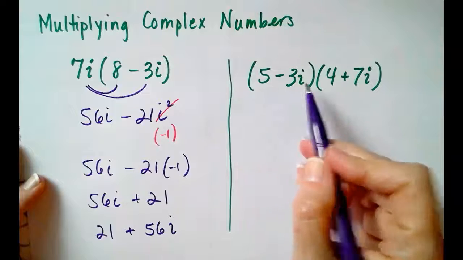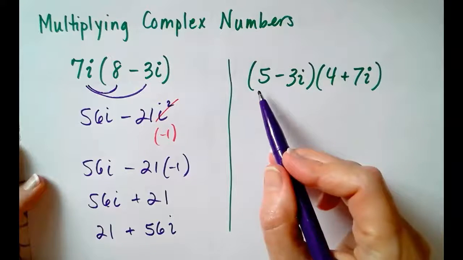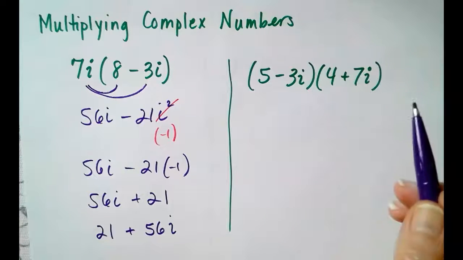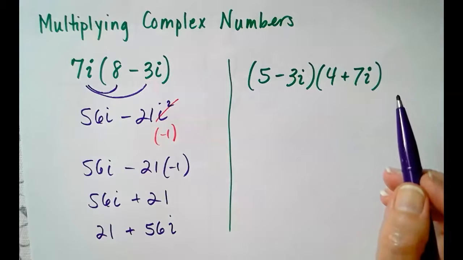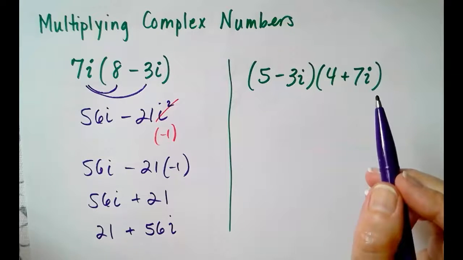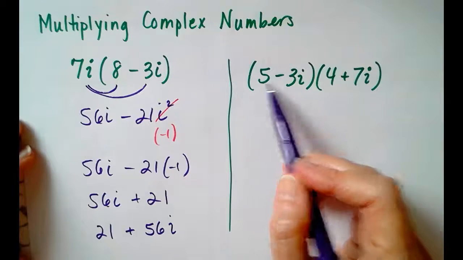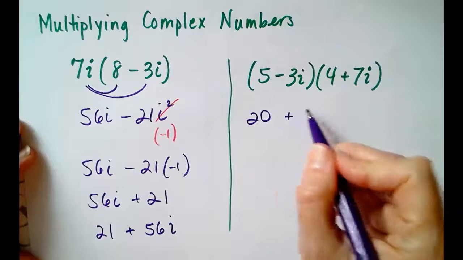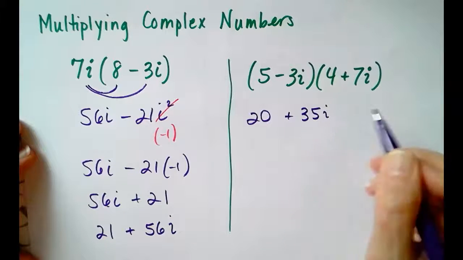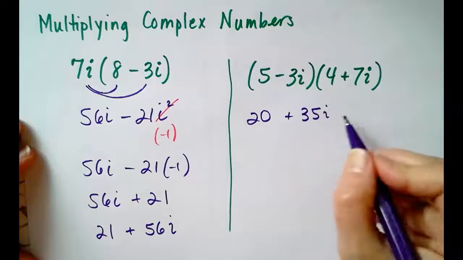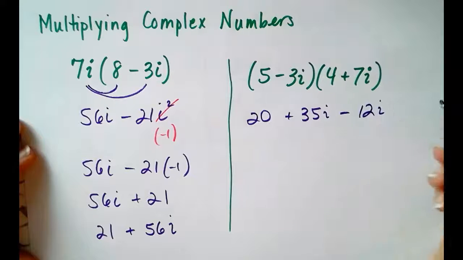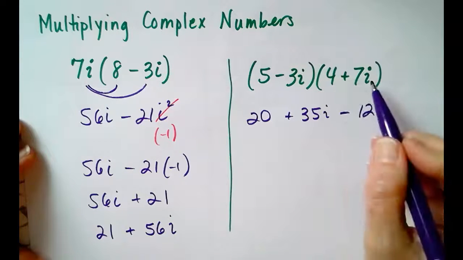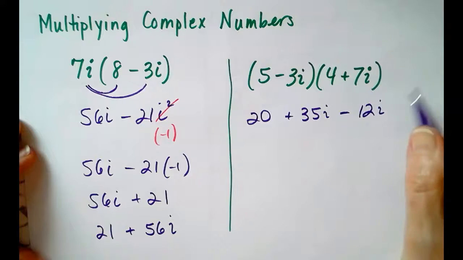This is a binomial times a binomial, a plus bi times a plus bi. We need to use the FOIL method here in order to simplify this expression. So 5 times 4 is 20, 5 times 7i is 35i, negative 3i times 4 is negative 12i, negative 3i times positive 7i is negative 21i squared.